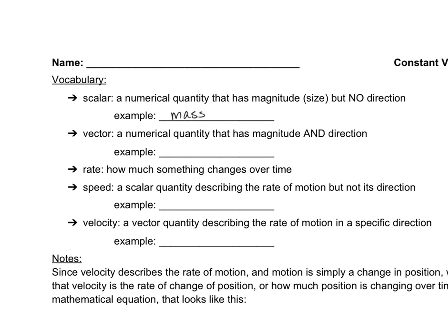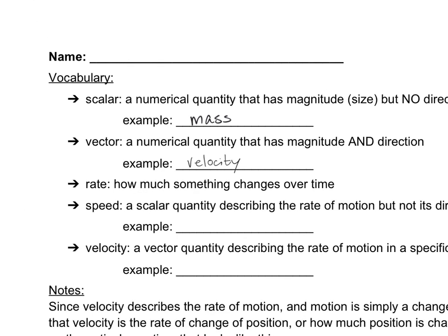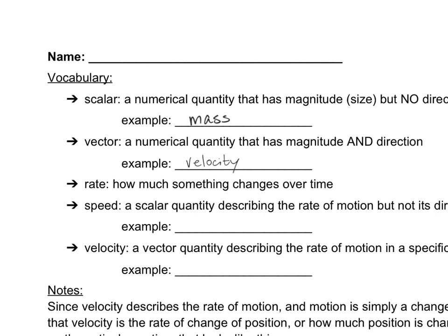And that's opposed to a vector. A vector is a numerical quantity that has magnitude and direction. So a good example of this is velocity, which we've been talking about. Velocity is like your speed, but it's your speed in a specific direction.